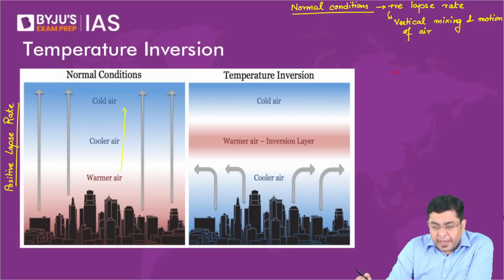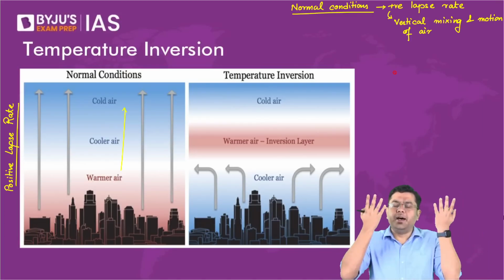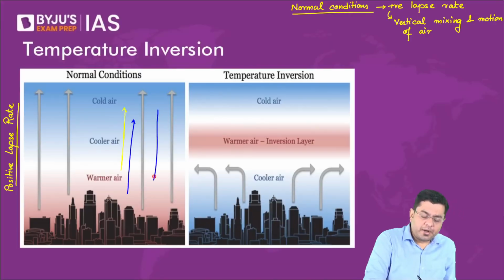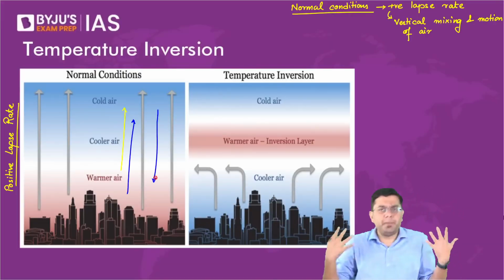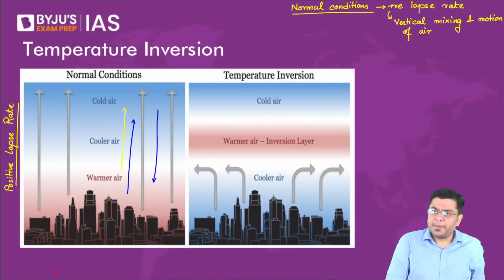Isn't it? What is vertical mixing? It means the warm air from the lower region will try to rise up, and air from the upper region will try to sink down. So there will always be a mixing. Even the pollutants, etc., get dissipated.